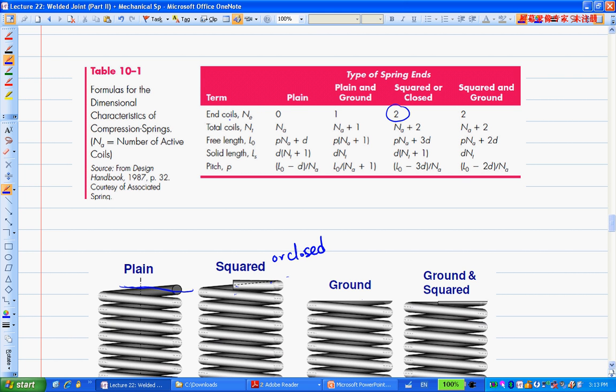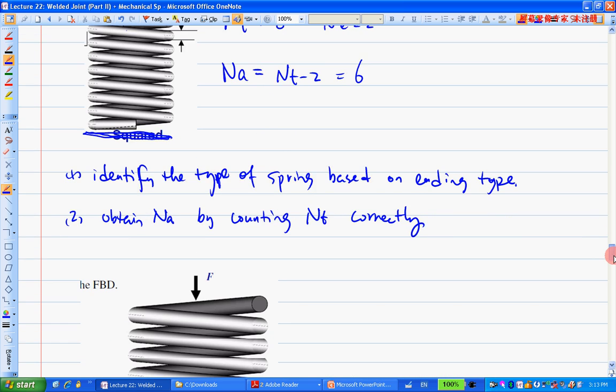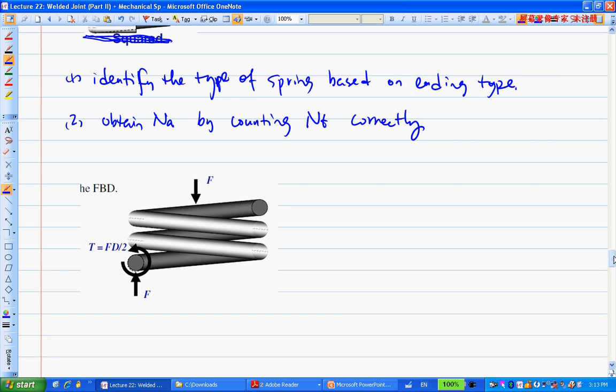I don't think you should use this table for every kind of situation. But for the question given to you, you shouldn't worry too much about that. Just make sure you know how to count properly, and you know how to use the table to find the right value of NA. Is that good?